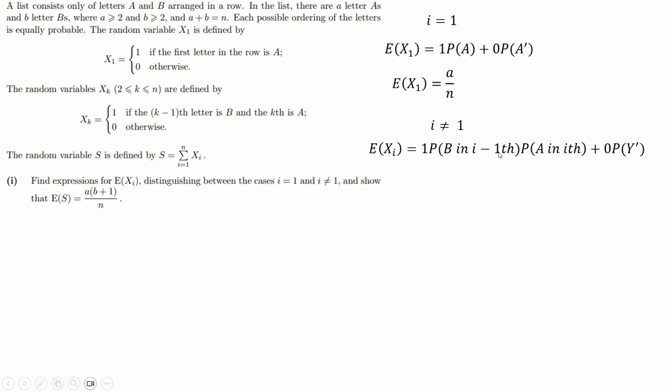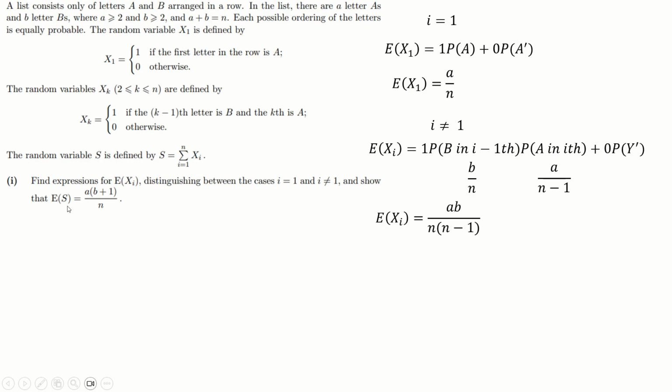There are b B's and n things in total, so that's b over n. And then A in the ith position: there are now only n minus 1 things because you've already put a B here, but there are still a A's, so it's a over n minus 1. If we multiply these together, that will be our probability of that happening, times 1, which doesn't do anything, and then add 0, which also doesn't do anything, and we'll end up with this here.